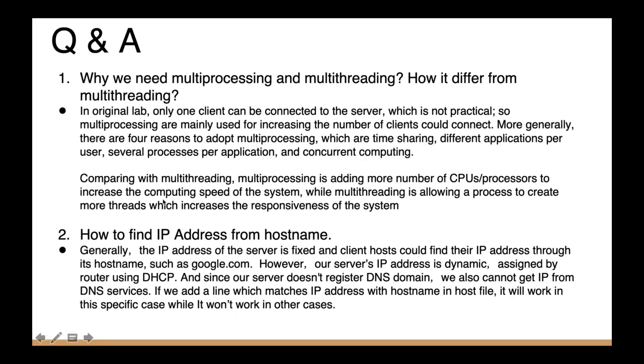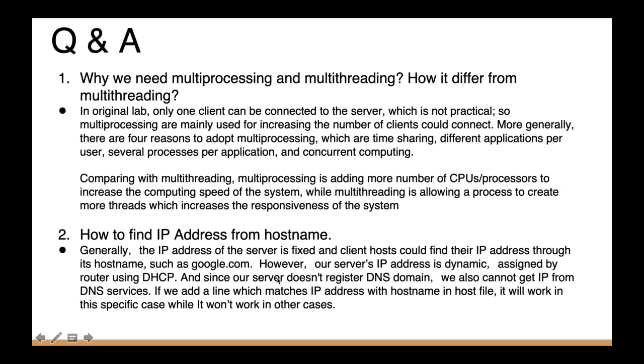The second point I want to stress is how to find the IP address from a host name in our laboratory. In real life, the IP address of a server is fixed and the client could find the IP address through its host name. For example, we can find the IP address of Google by just typing google.com.